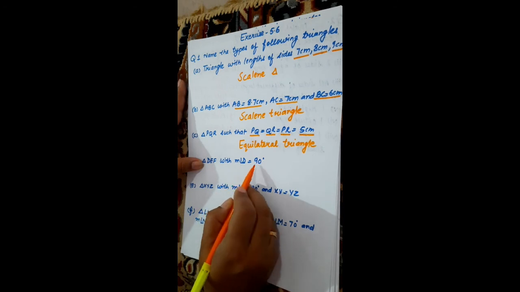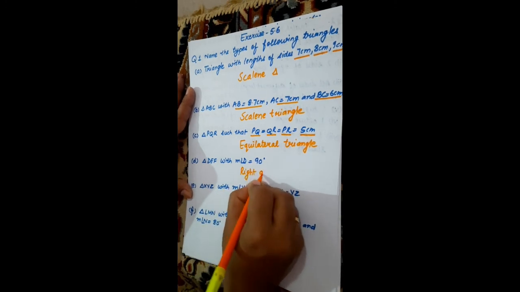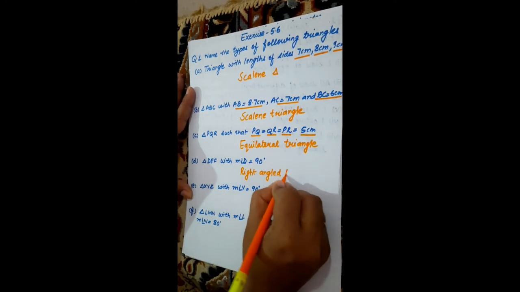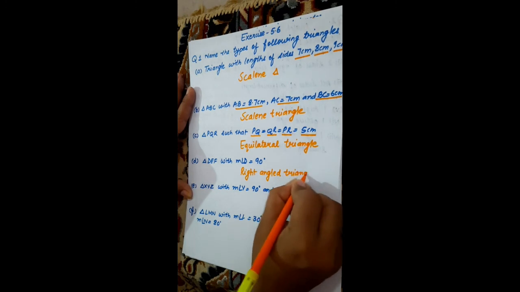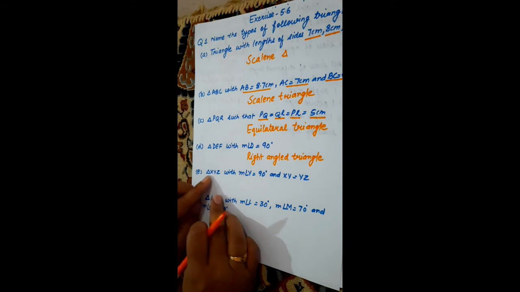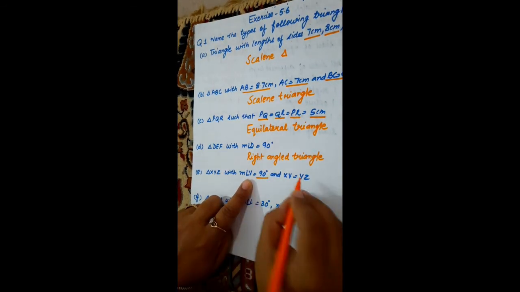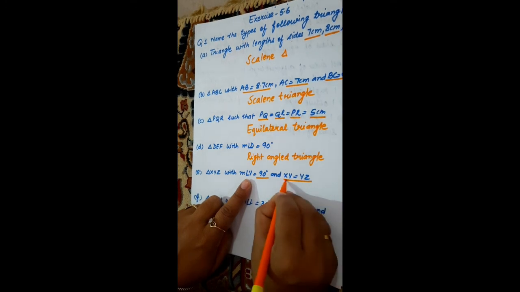Now next you have triangle DEF with measure of angle D is 90. If one angle is of 90 degree, it means your triangle is a right angled triangle. Now next you have triangle XYZ with measure of Y 90 degree and XY equals to YZ.